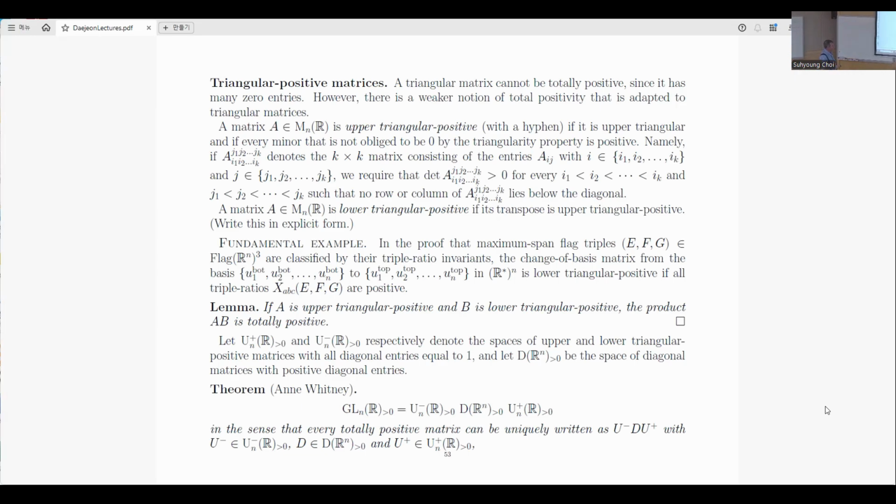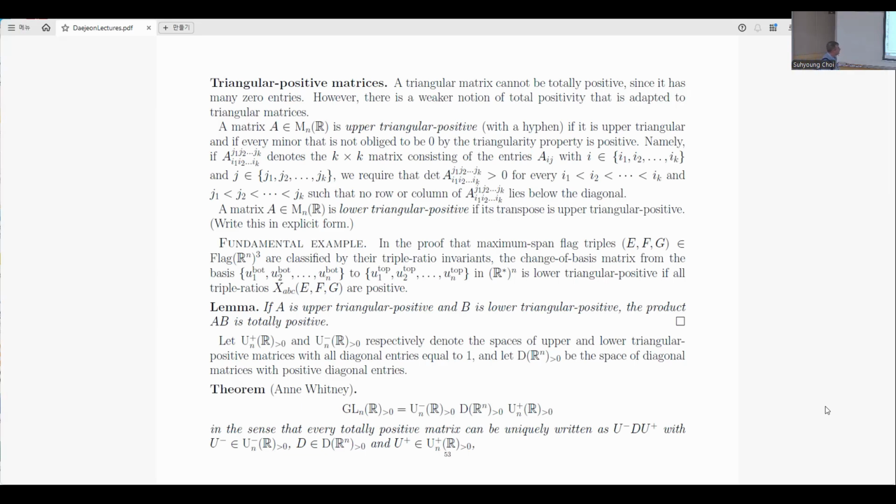If it's upper triangular, that we know what that is, and if it's trying really hard to be totally positive, namely if every minor that is not obliged to be zero by the triangular property is positive. So then I wrote what that means here, but don't try to understand that. It's just as totally positive as possible, knowing that it's triangular.